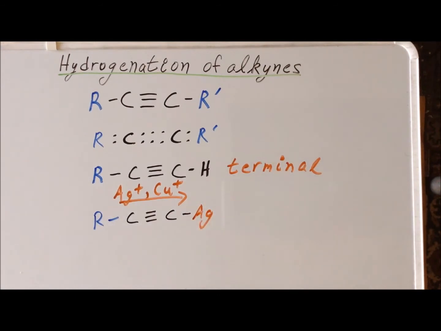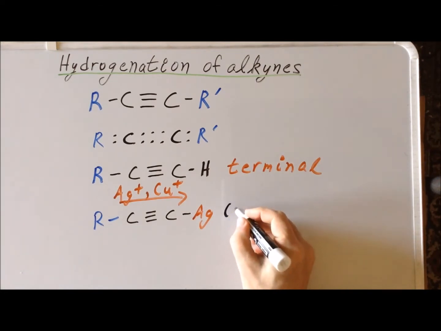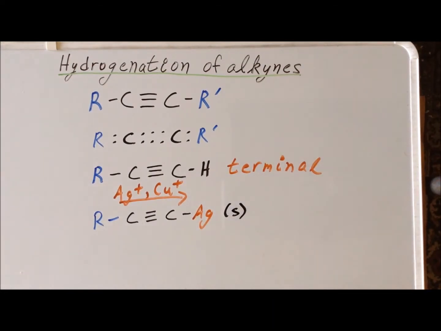We get a silver acetylide, and the key feature of why we could recognize this experimentally is that this is a solid that precipitates from solution. So we have a convenient way of experimentally recognizing terminal alkynes, and it's this reaction with silver plus 1 ion or copper plus 1 ion, the cuprous ion.